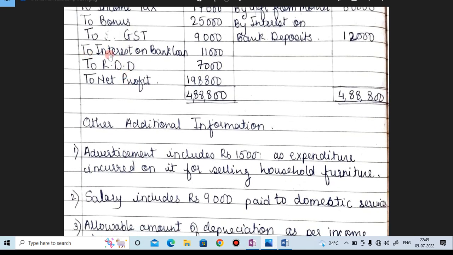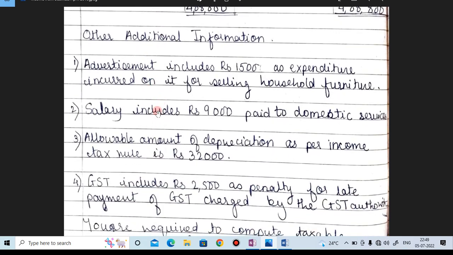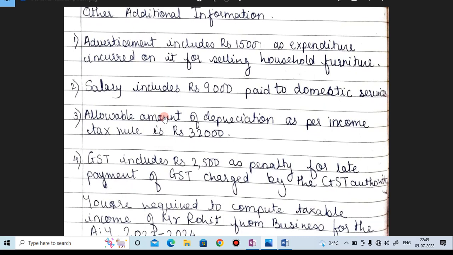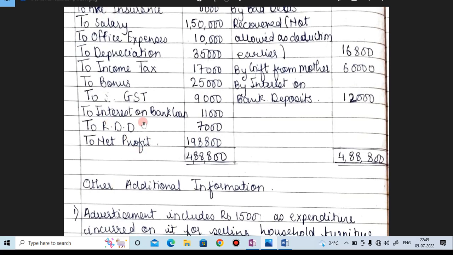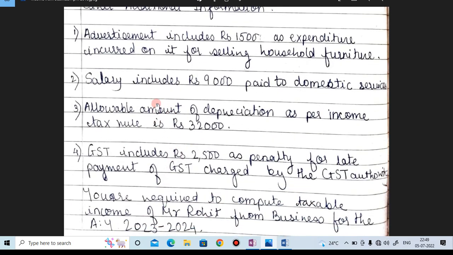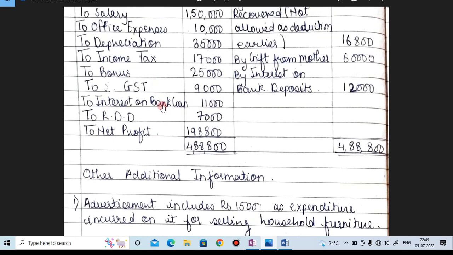After GST, interest on bank loan 11,000. Now see here, interest on bank loan 11,000. Is there any additional information given on the bank loan? Whether it is saying that this interest on bank loan is related to the business. There is no such information given. So we will consider this interest on bank loan 11,000 as the personal loan of Mr. Rohit.